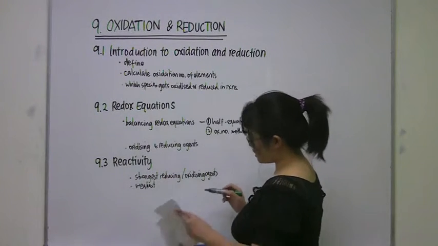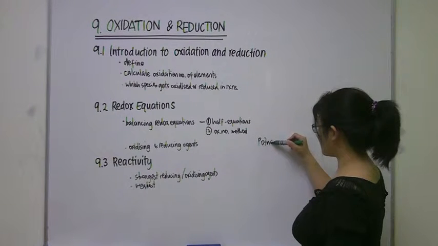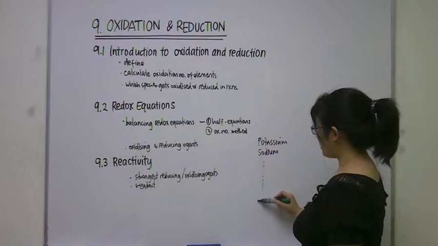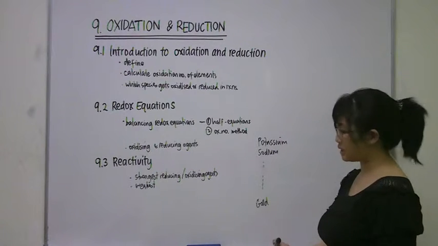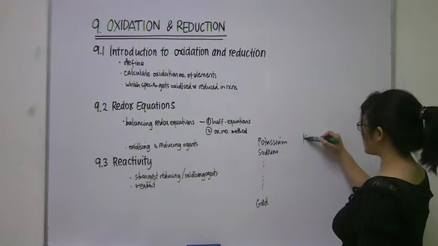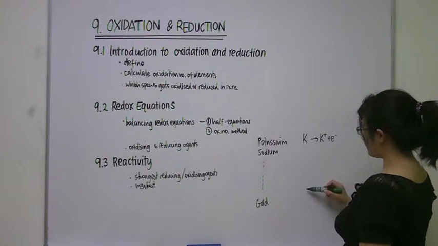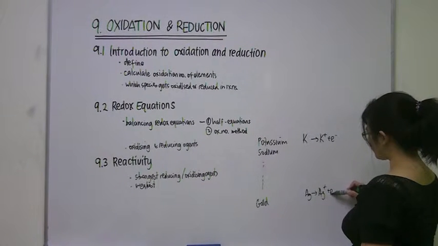What do I mean by this? For example, your students need to know the list like potassium, sodium, and so on until gold, which is the most unreactive element in the list. You need to explain that potassium can become potassium ion and gold can become gold ion.